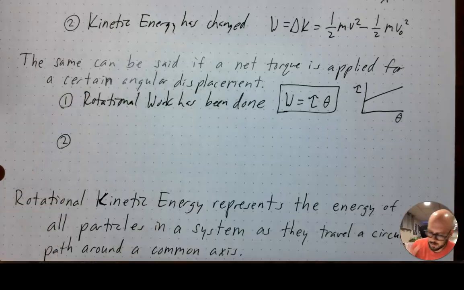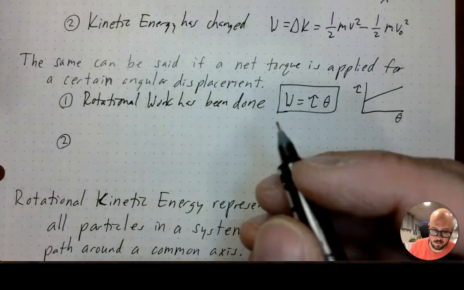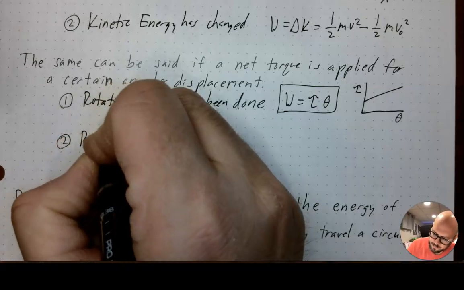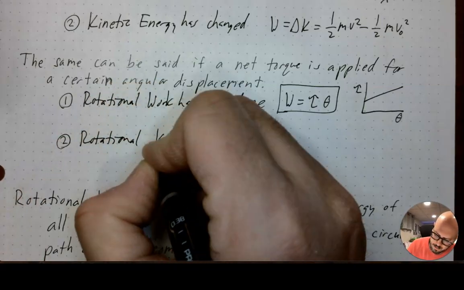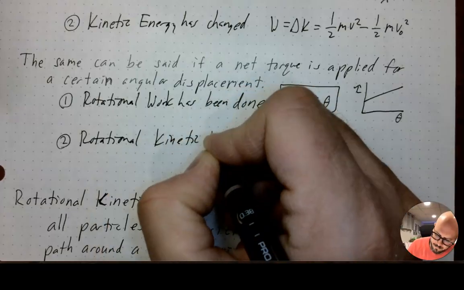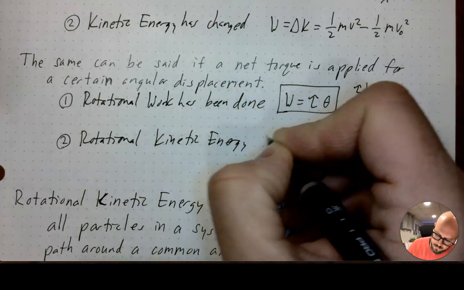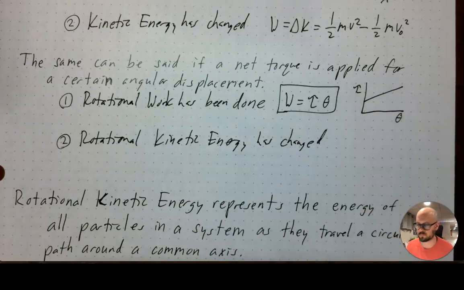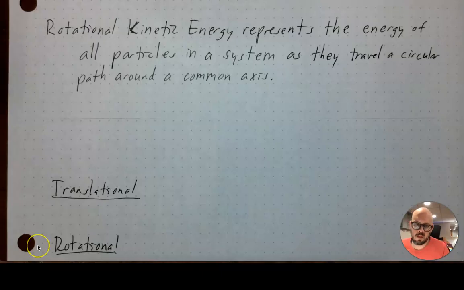The other result in a net torque being applied for an angular displacement is that the rotational kinetic energy has changed. So what rotational kinetic energy is, there's a derivation in your textbook, but I'm going to summarize it here.